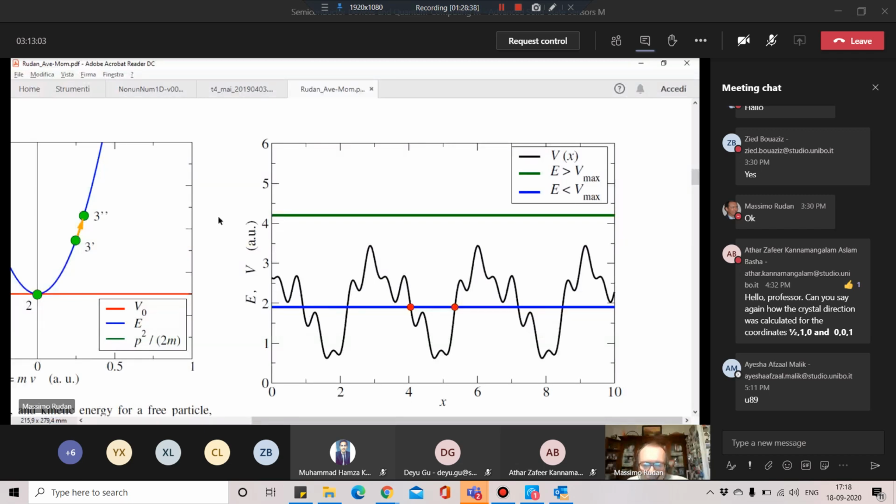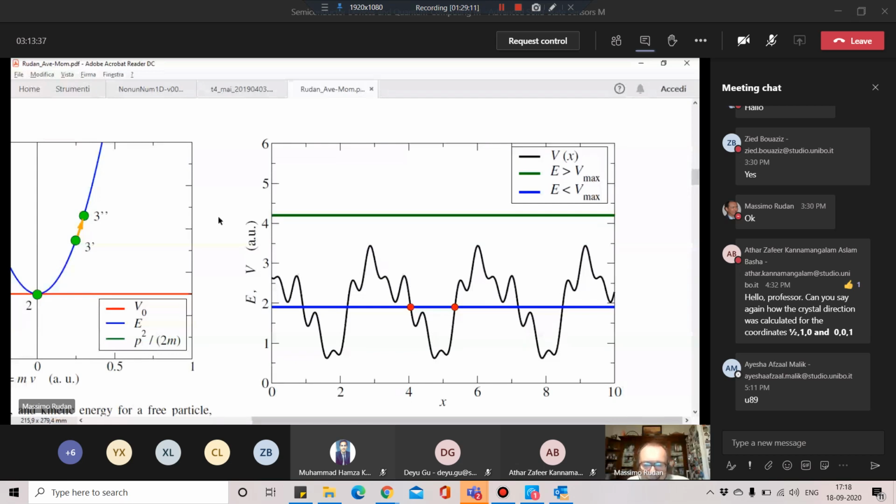What does it mean? It means that, you remember, the total energy is kinetic plus potential energy. If the total energy is always strictly larger than the maximum potential energy, then the kinetic energy will always be strictly positive, never equal to zero. Okay?